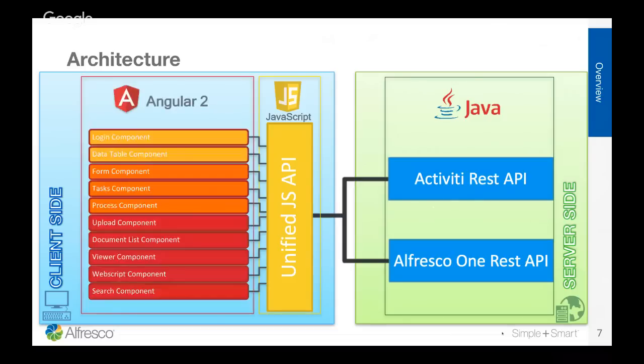And then we have the presentation layer, which is the Angular 2 components. We have various components for the ECM side, for the BPM side, but also some general components meant for both sides, the ECM and the BPM. And then we have the Yeoman generator, which I will explain later, and how it fits in the general purpose of this framework.